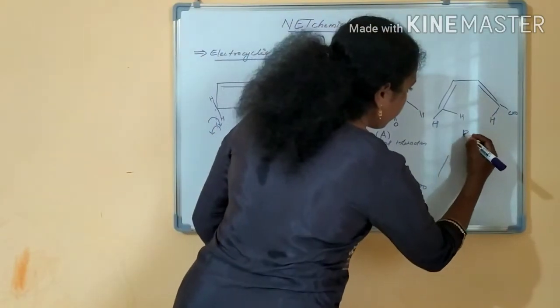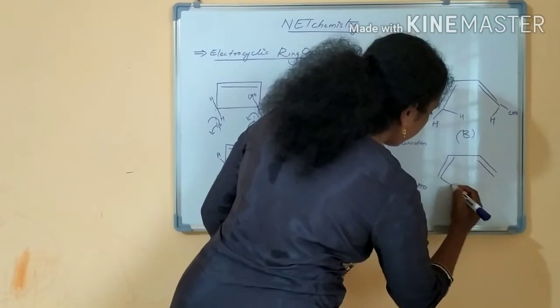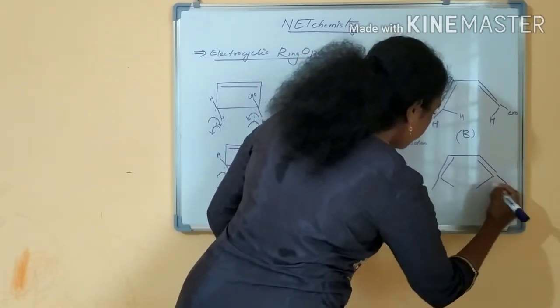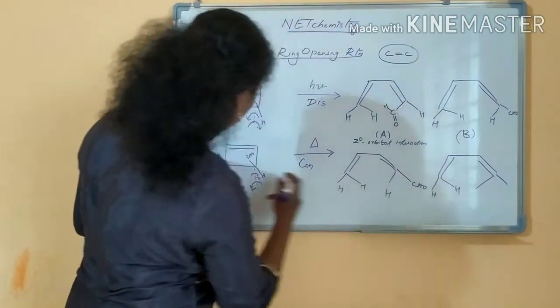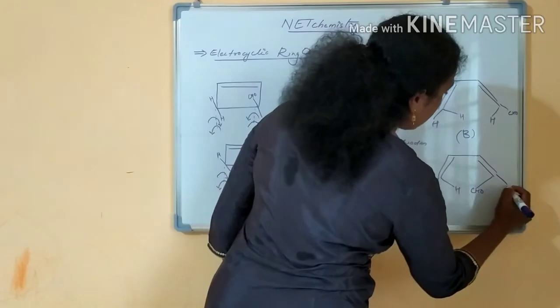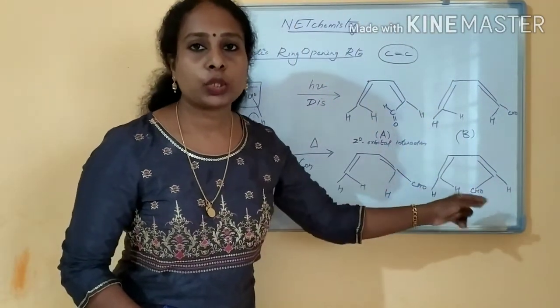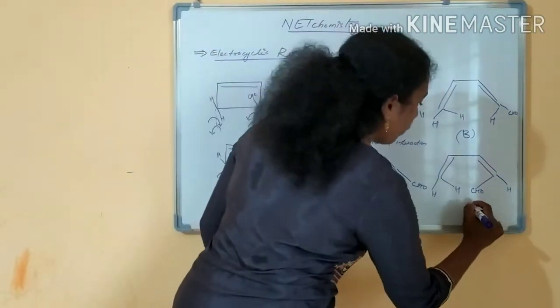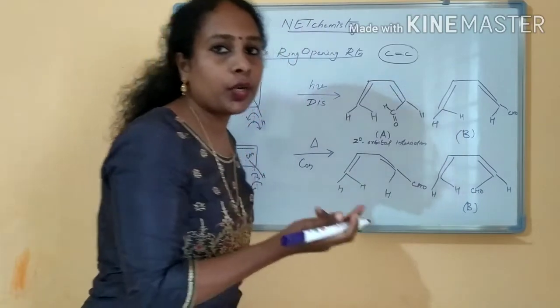Now this is the product B. So both side hydrogen here and CHO will come inside, right? CHO will come inside and hydrogen will be out. In this, which product will be exclusively forming? This product will be forming, right? Because the CHO group is inward, secondary orbital interaction.